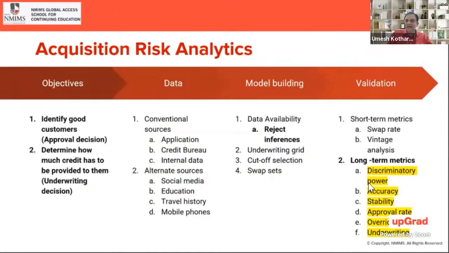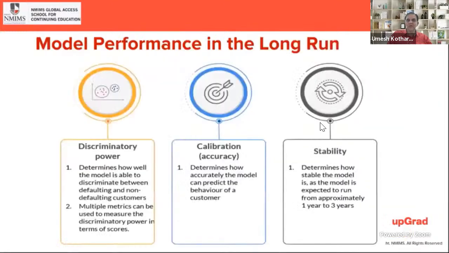In terms of model validation, what you need to work on is how your model performs in the long run. The discriminatory power of the model is an important variable to consider. Why? Because a model should give a clear segmentation, a clear distinction between accepting or rejecting, or this customer is healthy, this customer is a problem.